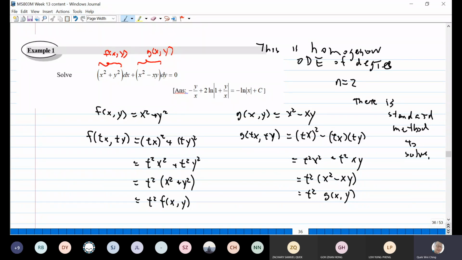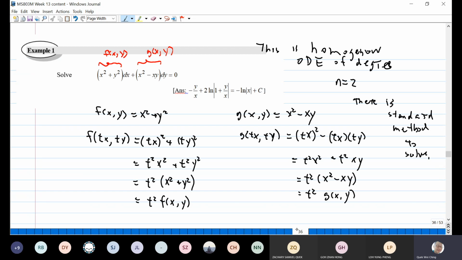Okay, so I'm going to show you how to solve this type of equation now. The method is still separation of variables. The homogeneous differential equation. Okay, so I'm going to copy this equation again to show you how to do this.